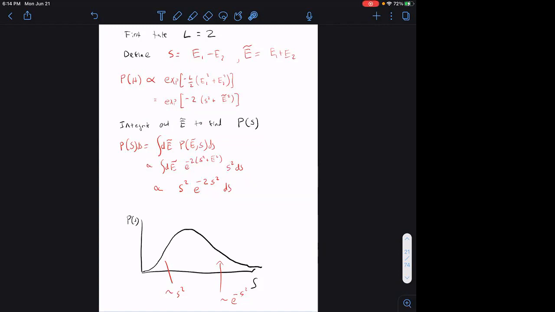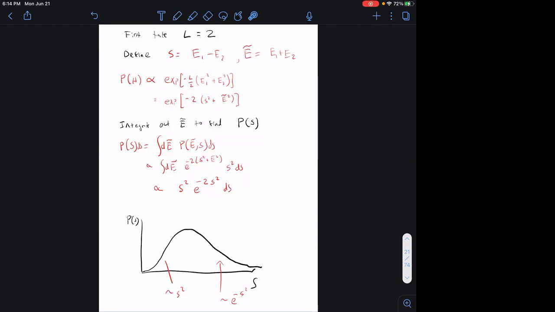To understand the distribution of S, we can take our distribution for E1 and E2 and integrate out the total energy, just leaving a distribution for the difference. Because this P of H is a Gaussian, it's very simple. It's a Gaussian in S and a Gaussian in E.